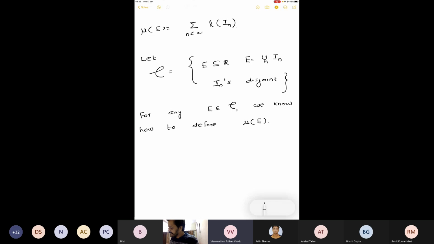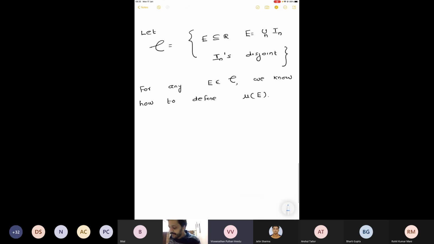Now let E be a subset of R, and E is equal to union of Jm, m belongs to N, the Jm's intervals.